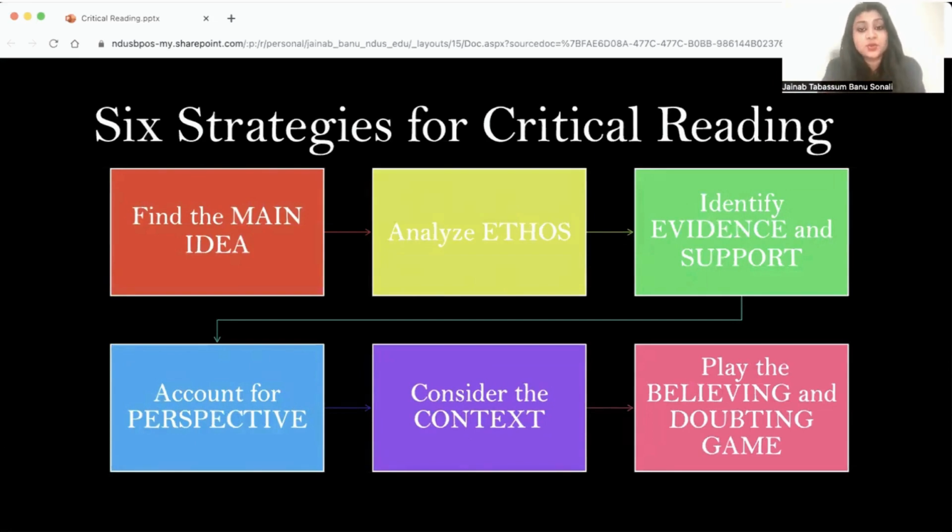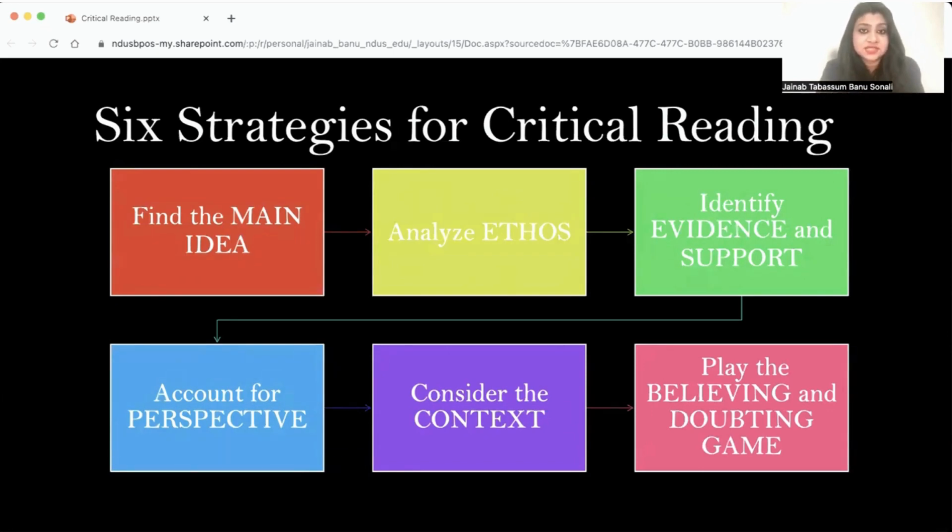First of all, when you read a text, you just skim through it, basic reading, and then find the main idea. It is basically the thesis statement, you can say, but you need to find the main idea of the text. And then you analyze ethos. What is ethos? Ethos means the ethical point of view.